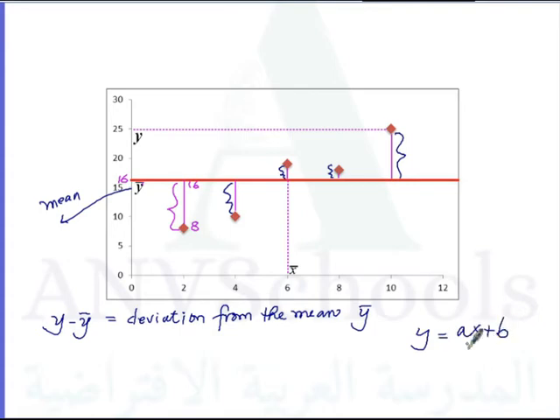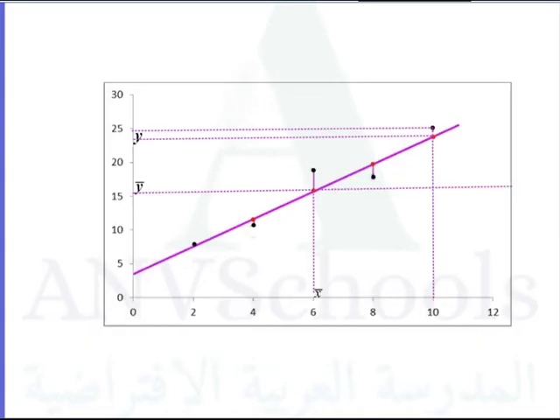So y now is a function of x, okay, meaning that it should be a straight line. So in doing that, we could actually put a line that somehow best fits these given points.